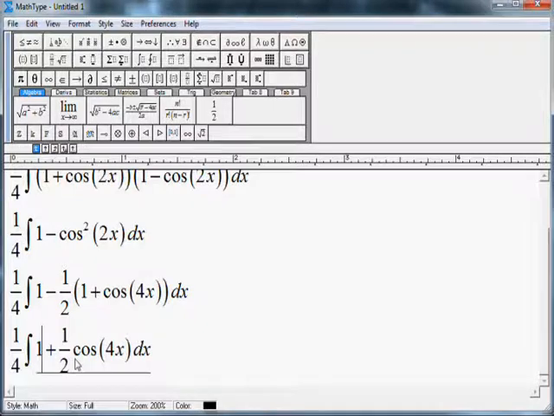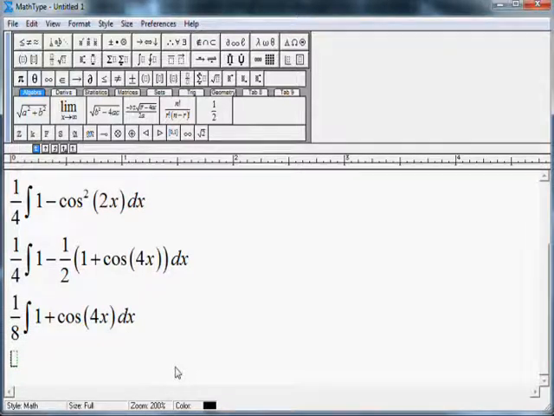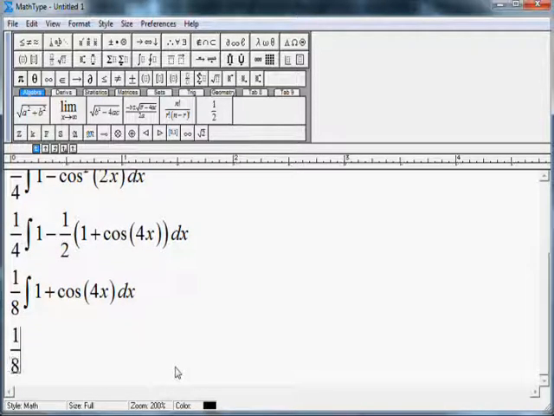And now we can factor out a 1/2, and we get 1/8. Now this is a lot simpler. We can simply do the integral from here. So it's going to be 1/8 x plus 1/8 times 1/4 sine of 4x. That's just a simple u sub. And then 8 times 4 is 32, and then you get the plus c at the end.